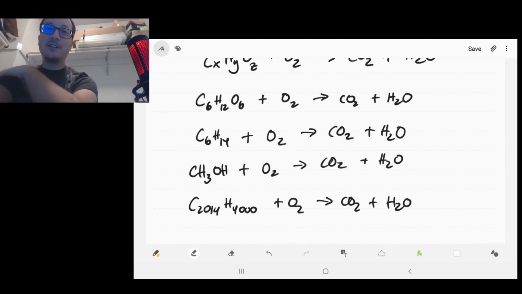You'll have some combination of carbon, hydrogen, and oxygen. Again, oxygen is optional. Add O2, produce CO2 and water. And so, pretty simple pattern there. Alright, any questions on these types of reactions?